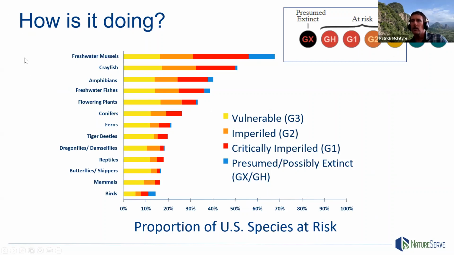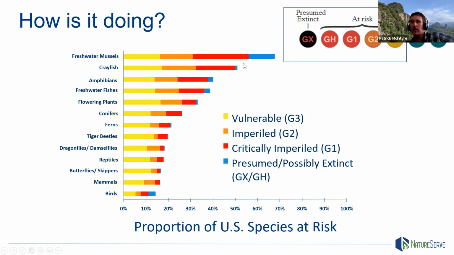Let's see. So this graph here shows the proportion of U.S. species at risk in these categories. So these are ones that are perhaps only known historically or are highly threatened or at risk. So these G1 through G3 categories.